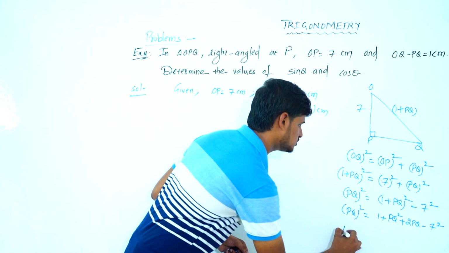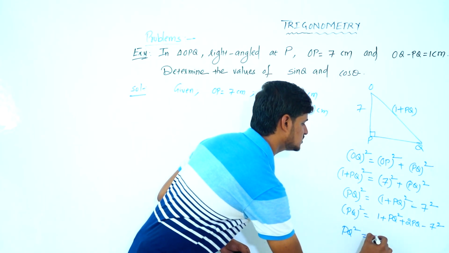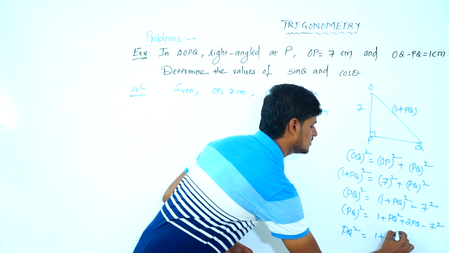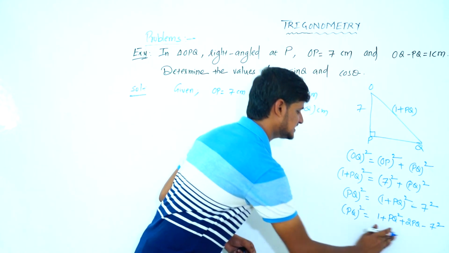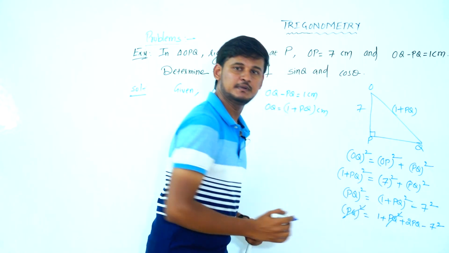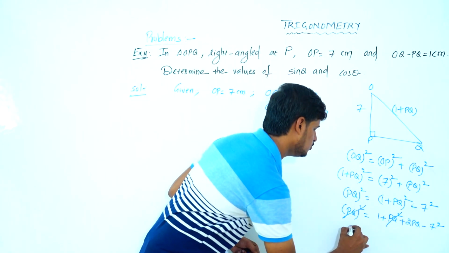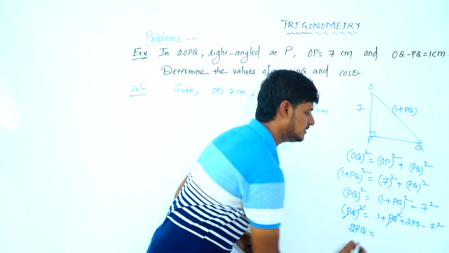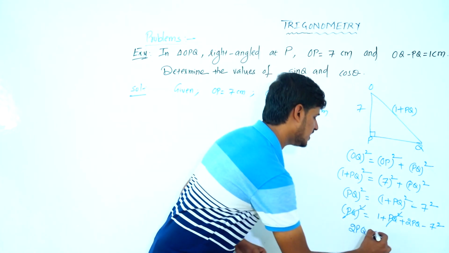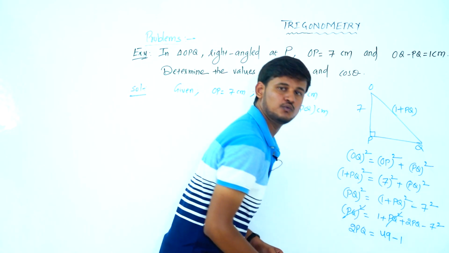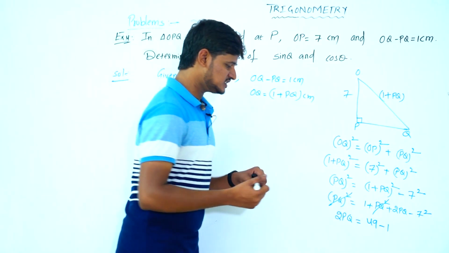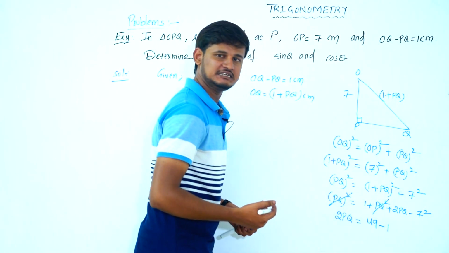I can directly cancel PQ square and PQ square here. Then 2PQ will be equal to 49 minus 1, that is 48.